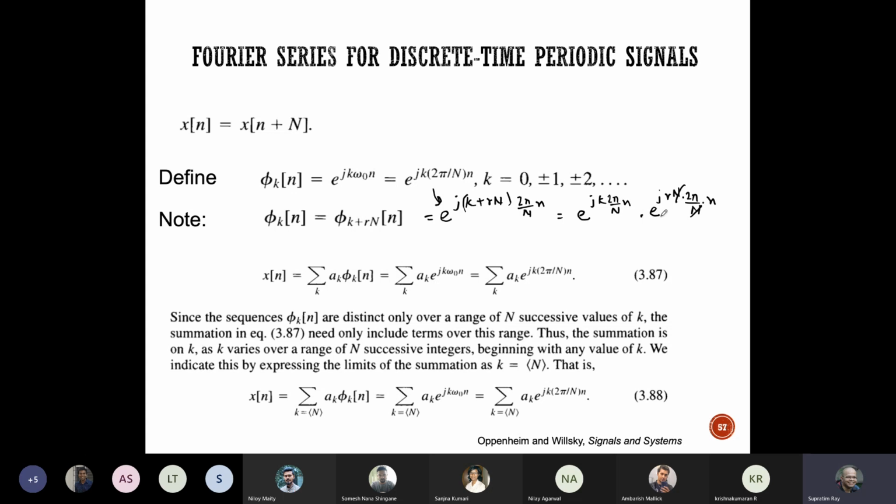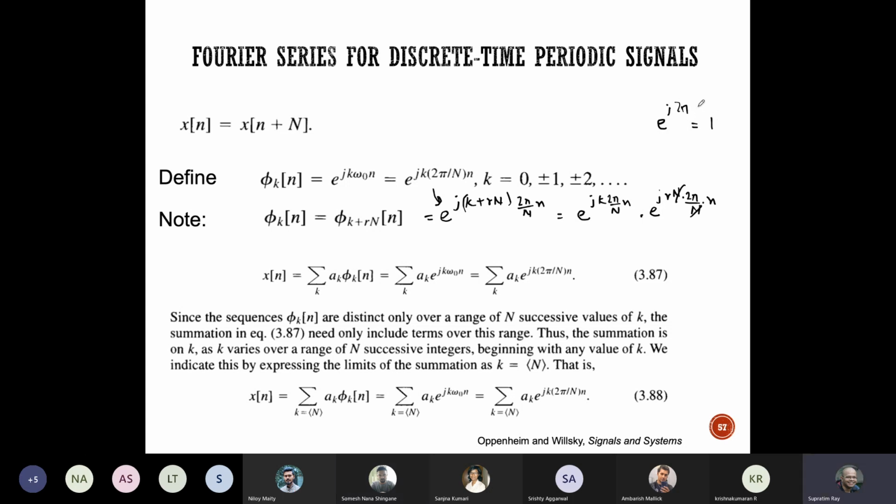This N gets cancelled out, and what is left is a 2 pi here. What is e to the power j 2 pi? It's 1, right?